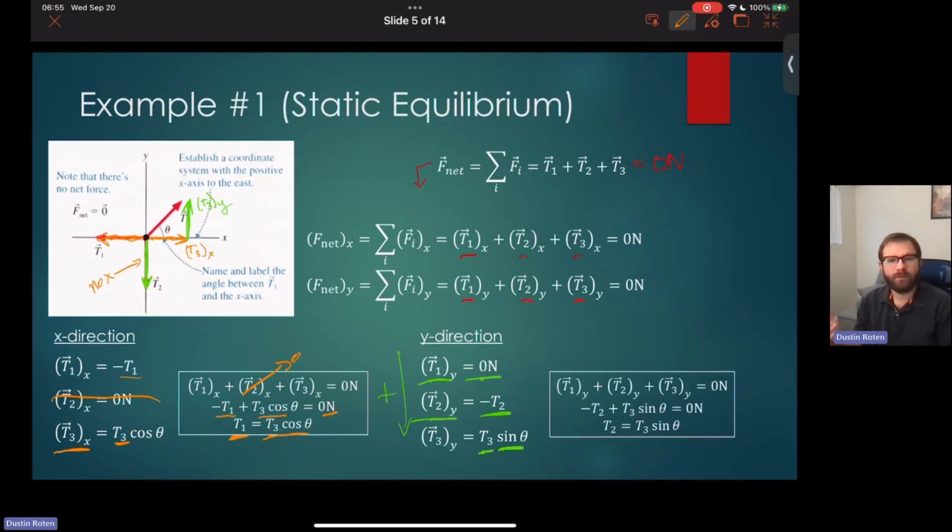Same thing over here in the y direction. Let's see what goes away here. Looks like T1 goes away, so we know that's 0. All we're left with is all that negative piece from, who was it? Brandon, I think. All that negative piece from Brandon pulling down toward the south direction on T2. You have to cancel all of his pull, all of his tension out just by your y component of your vector.